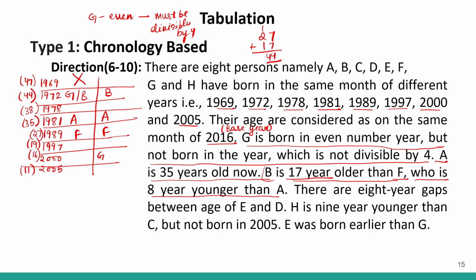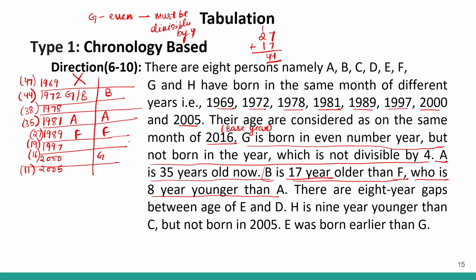Okay. Now it is given to us there are 8 years gap between E and D. And H is 9 years younger than C but not born in 2005. So H is 9 years younger. So let's say H is over here. Correct? But not born in 2005.